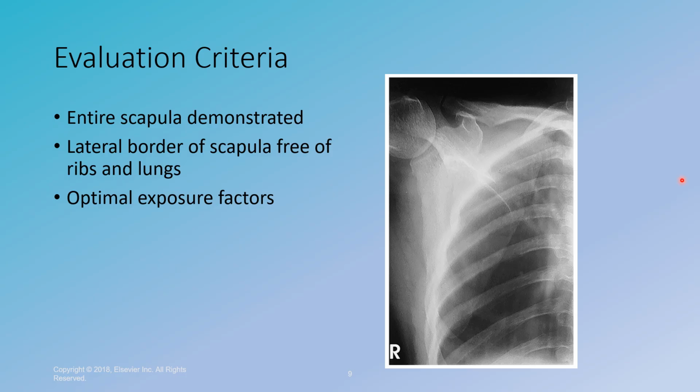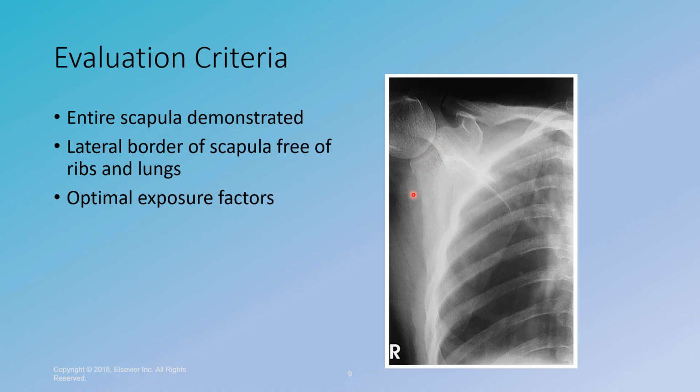So the evaluation criteria on this particular image, again, 5.100 on page 206, you need to demonstrate the entire scapula. You can see here, it starts up here. We've got medial or vertebral border, inferior angle, lateral or axillary border, glenoid cavity, or glenoid fossa.